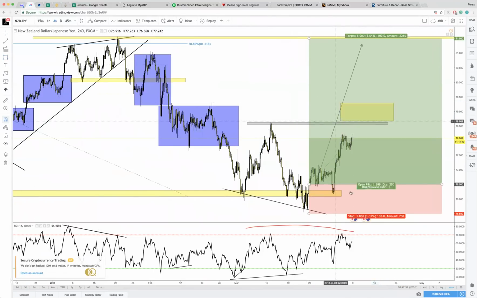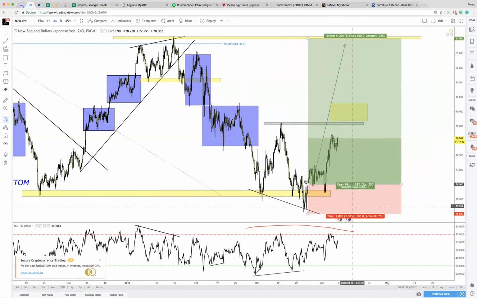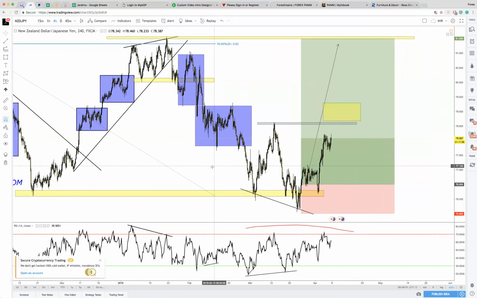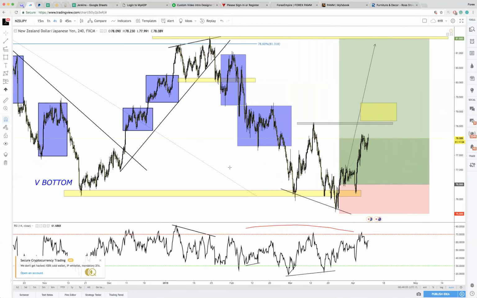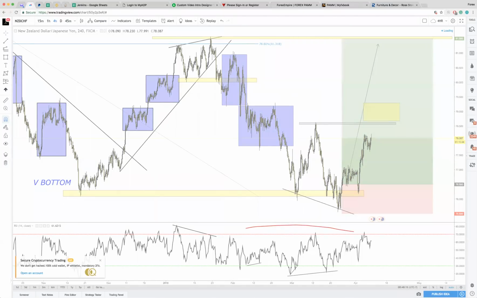Once the breakout happens, then you can move your stop loss to break even, because you never know, this price might come down all the way back. But 100 plus pips is always a good time to move your stop loss to break even and take partials or whatever you want to do. So NZD JPY is a nice trade going so far, and we're going to be looking at NZD CHF.